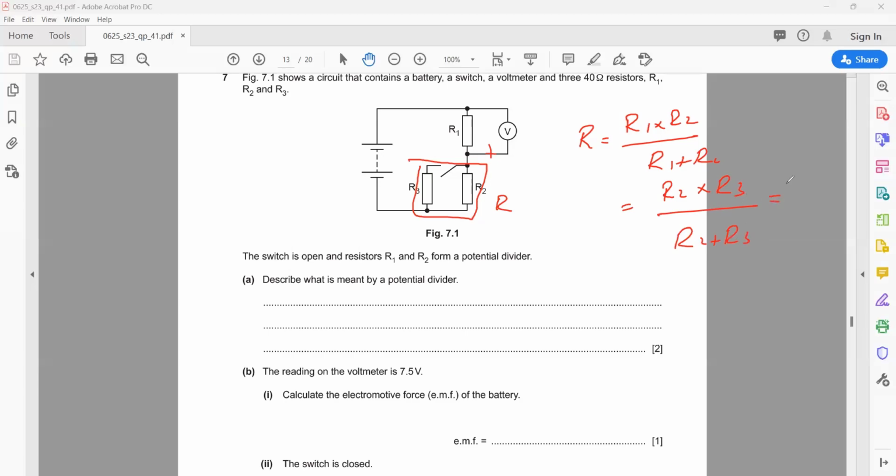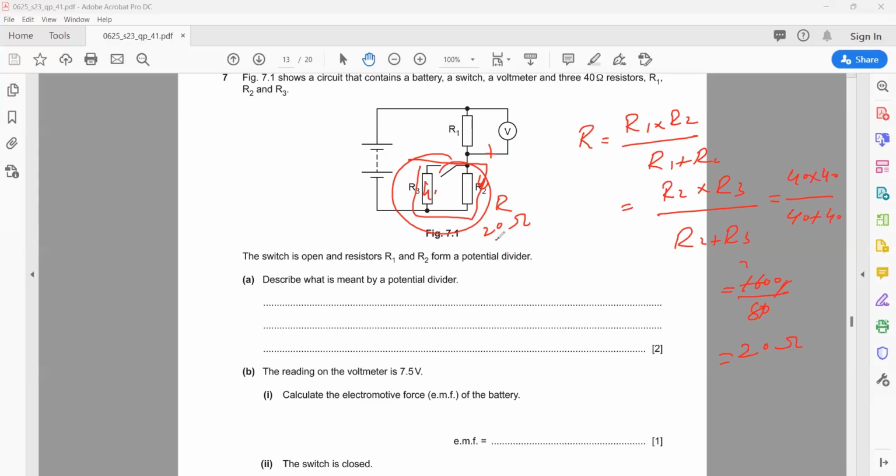All of them are 40. So 40 multiplied by 40 divided by 40 plus 40. So it will be 1600 divided by 80, which is 20 ohm. So for these two combined is 20 ohm.